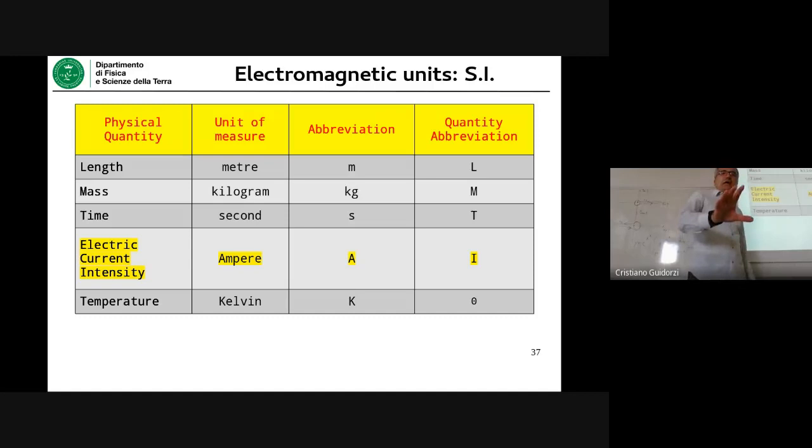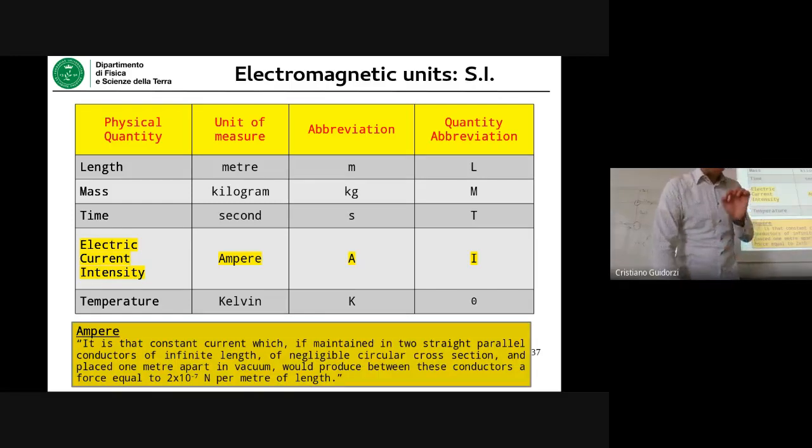In any case, from the definition of the units of measure in the international system, one of the fundamental quantities is the current, whose unit of measure is the ampere. And that's what I stressed here.